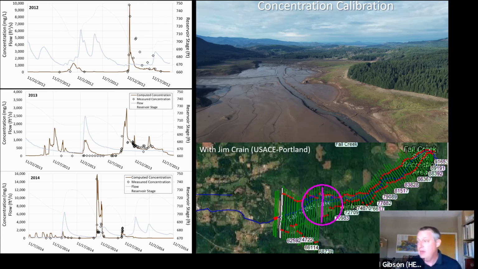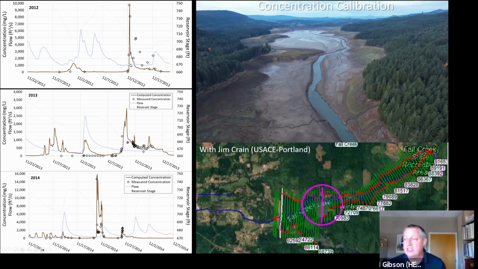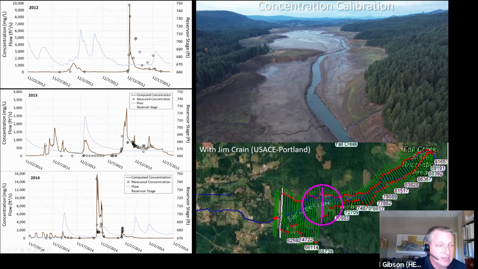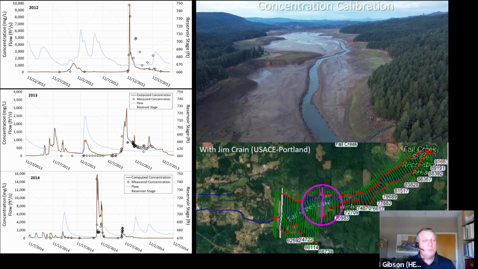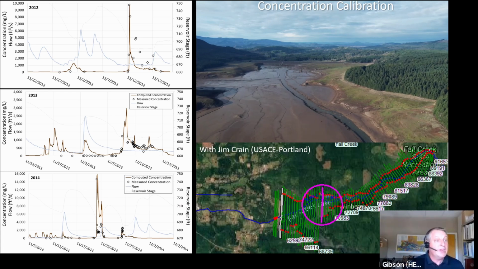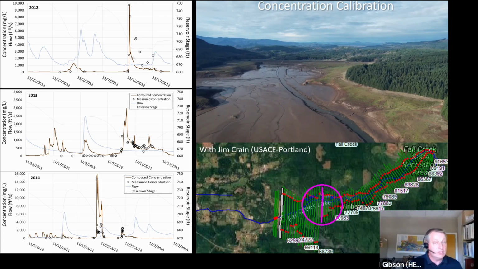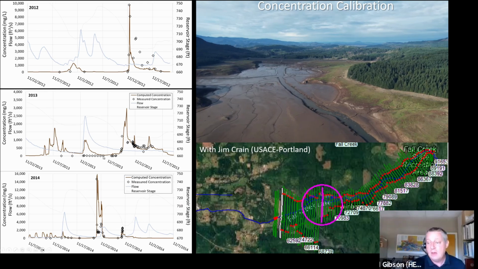And so this is Fall Creek, and we did a little model of this, and basically the U.S. Geological Survey measured these concentrations downstream, and we didn't have repeated cross-sections in this case, but it didn't really matter because what we cared about wasn't the bed change. What we cared about was the downstream concentrations. You always want to calibrate your model to the thing you care about, and so here we calibrated the model to the downstream concentrations over the course of 3 years.